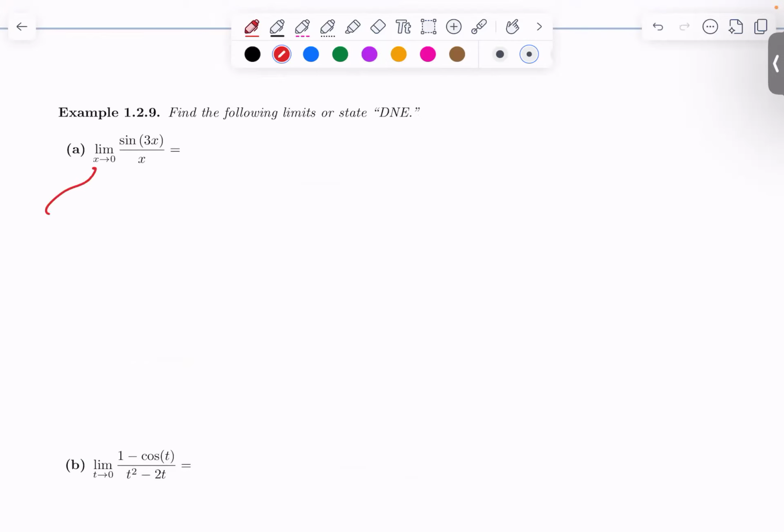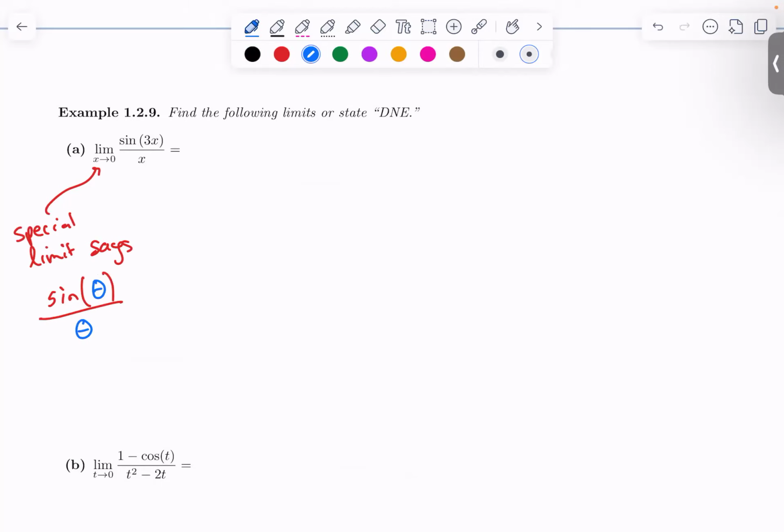The special limit says sine of theta divided by theta. It's the same variable in both places. This is not sine of x over x, this is sine of 3x. So that's an issue, but it's not that big of an issue.